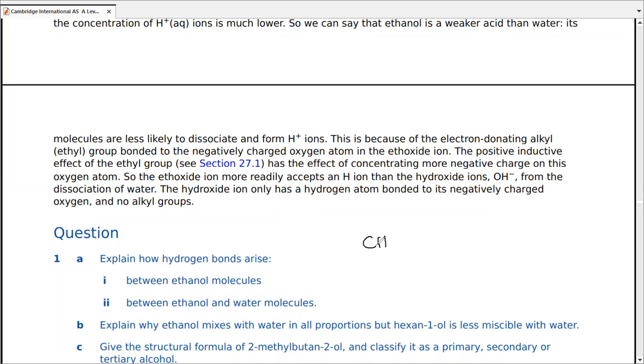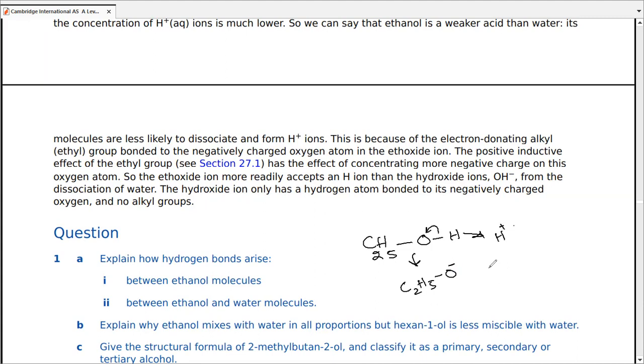Let's explain it. There is an entire C2H5 connected to O, which is then connected to H. Now we do understand that when this bond breaks, oxygen tends to keep the entire bond. That's how it is converted into C2H5O negative. And this hydrogen is given out in the form of H+ ion.